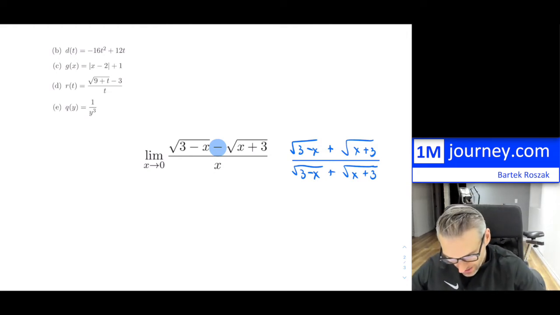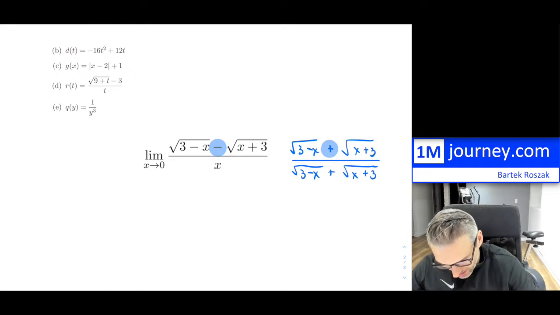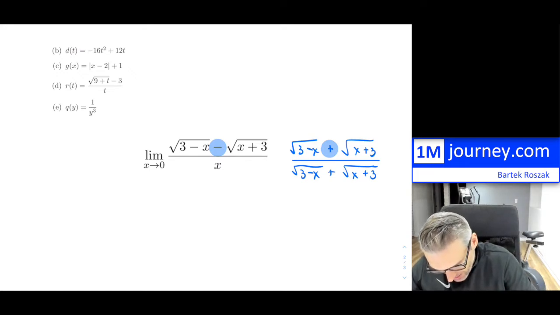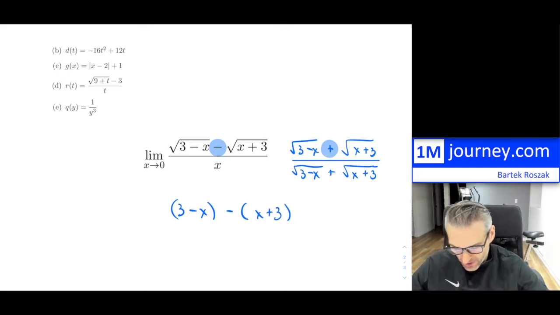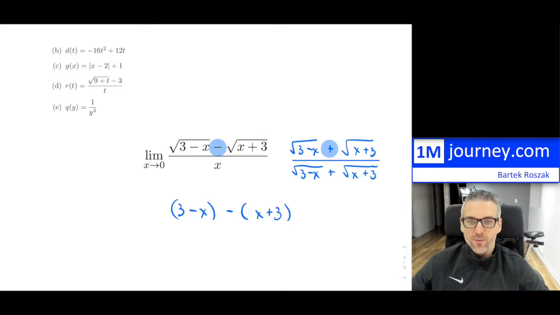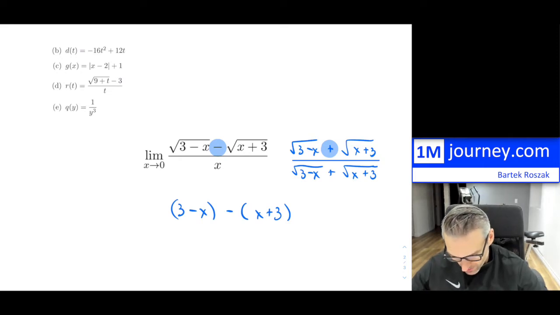Now, once we take the difference of squares here, what I'm going to get in the numerator is 3 minus x, minus x plus 3. I'm just going to worry about the numerator for now and come back to the denominator in just a moment.